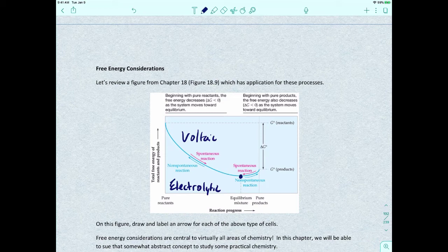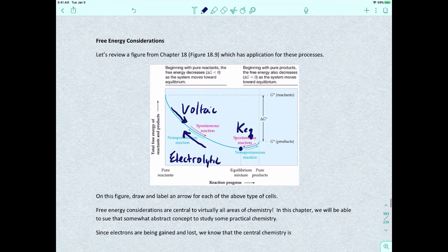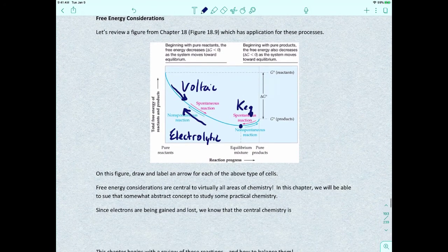And again, right here at the minimum point, that's the equilibrium. The voltaic cell is going to be going towards equilibrium. The electrolytic cell is going to be going away from equilibrium, so we need to provide a lot of energy to make the electrolytic reaction occur.